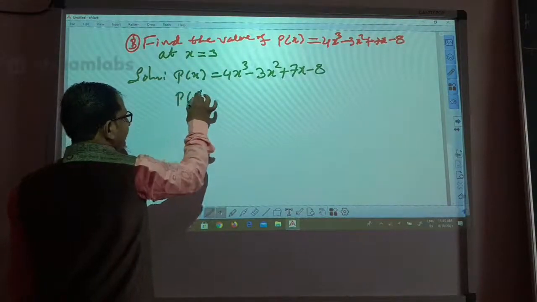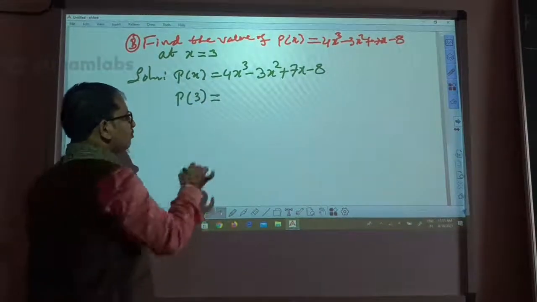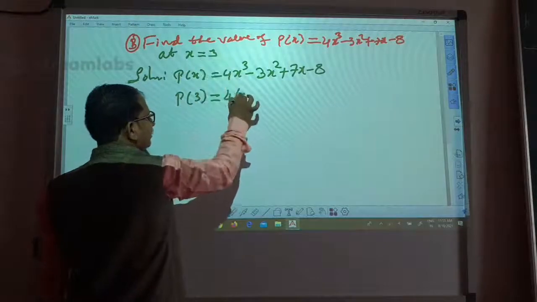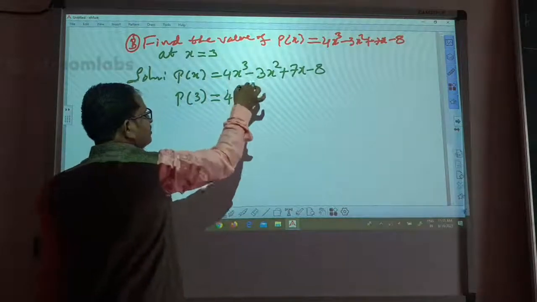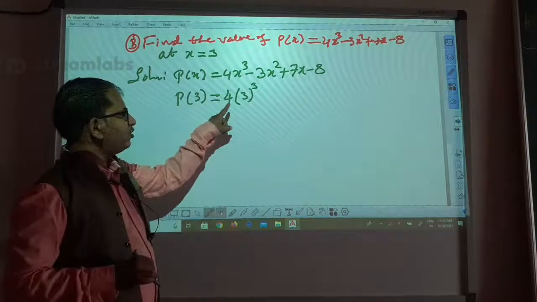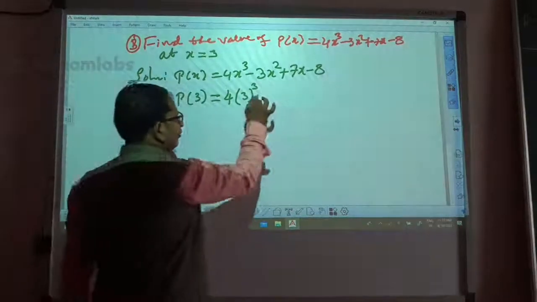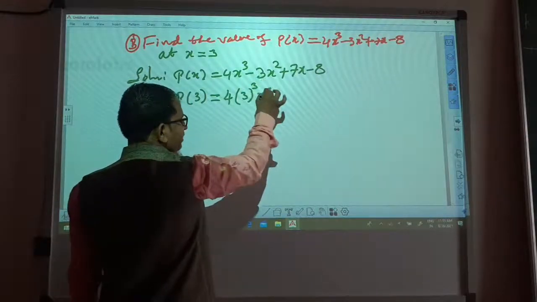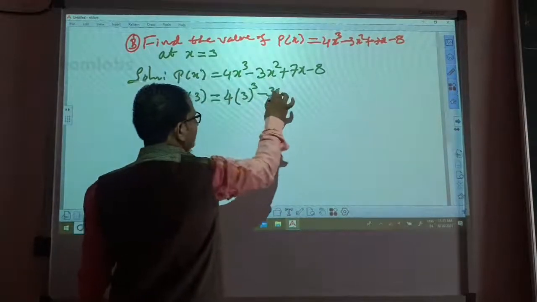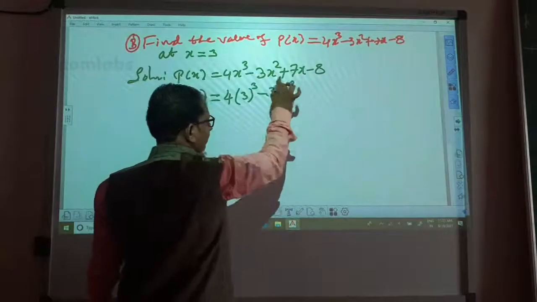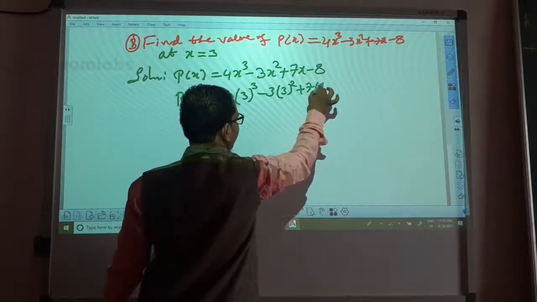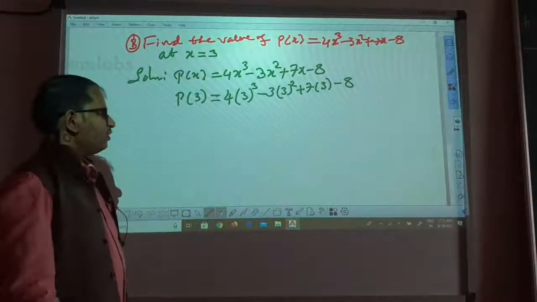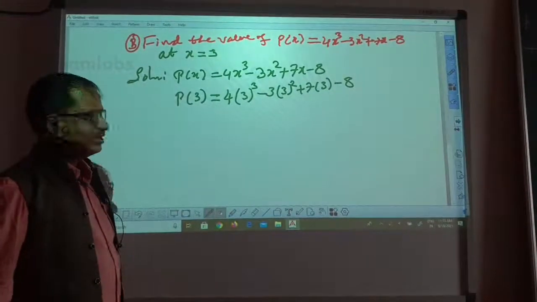So P of 3 is equal to 4 into 3 whole cube minus 3 into bracket 3 whole square plus 7 into bracket 3 minus 8. This is the problem. So we have written one step here.